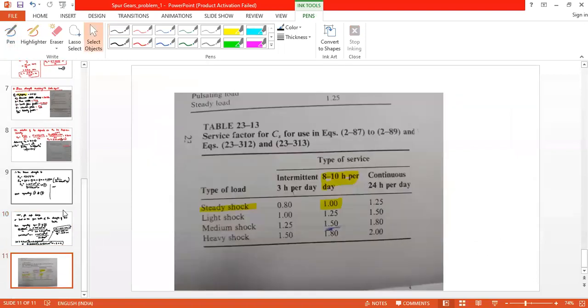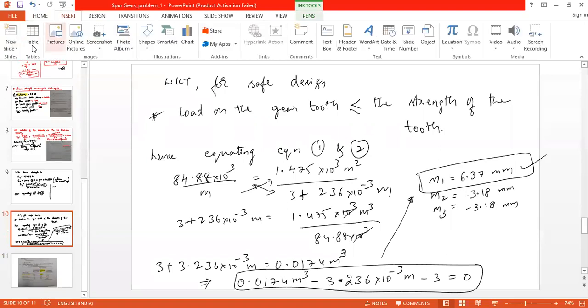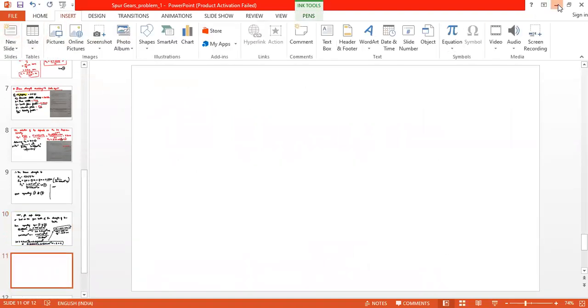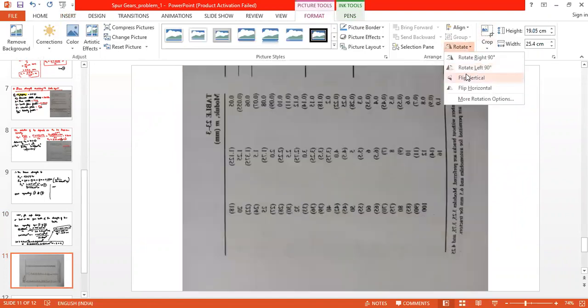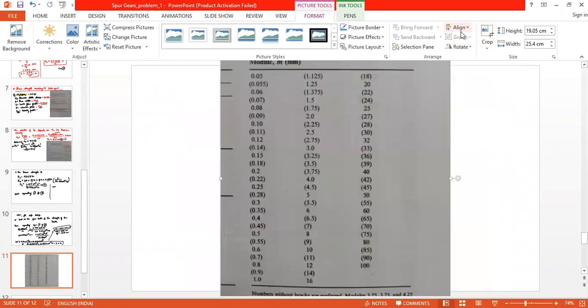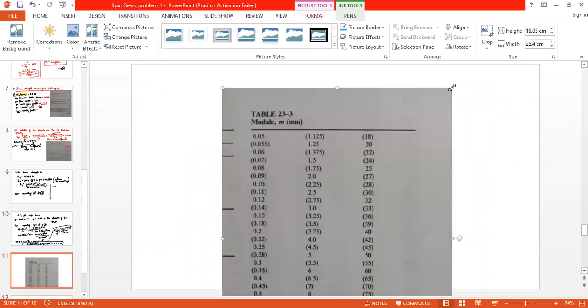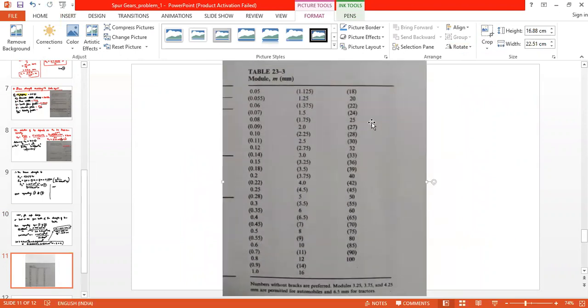Okay, but this is not the standard module. So for that, we need to refer to another table. Here this table gives the standard module sizes.